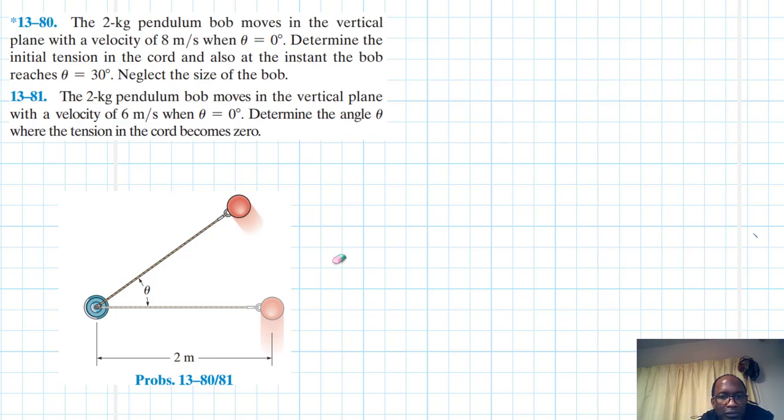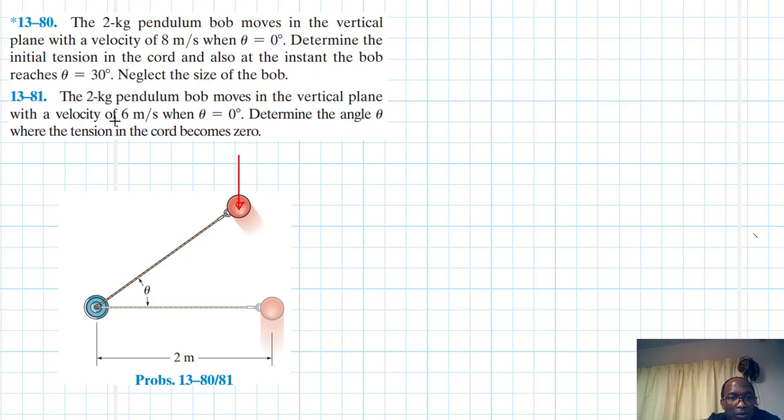Right, so let's begin. Let's draw the free body diagram. So we have the weight of the bulb, like so.